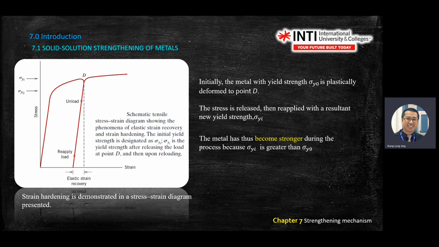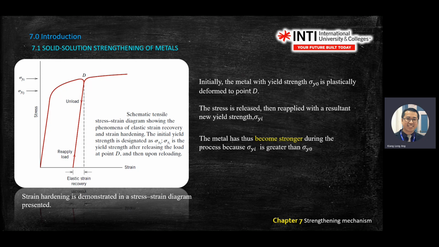So this one, D, already started to yield, which means it does not show elastic behavior. So when you release the load, the stress will drop back to zero. And when you apply the load again, you will get this strengthening, which we call strain hardening, recovery and strain hardening.